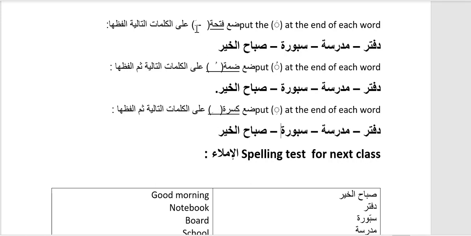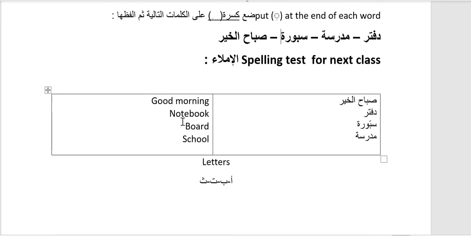Those are short vowels. The long vowels are alif, which is the same sound as fatha; waw, the same sound as damma but longer; and ya, the same sound as kasra but also longer.